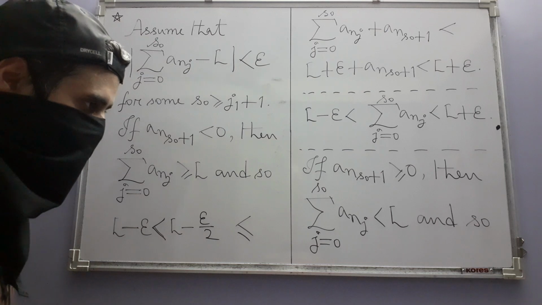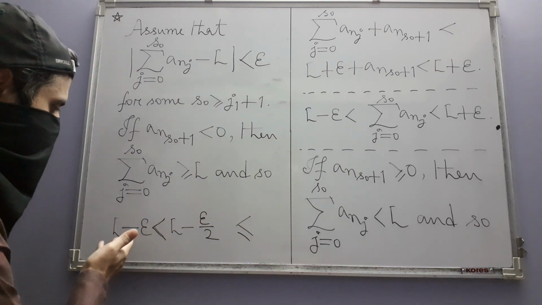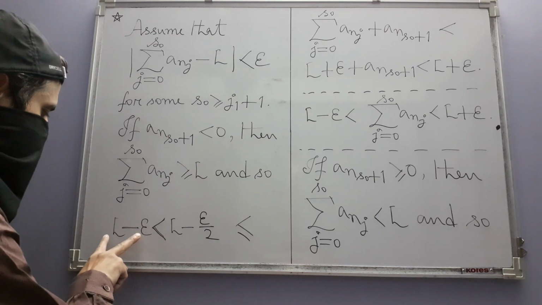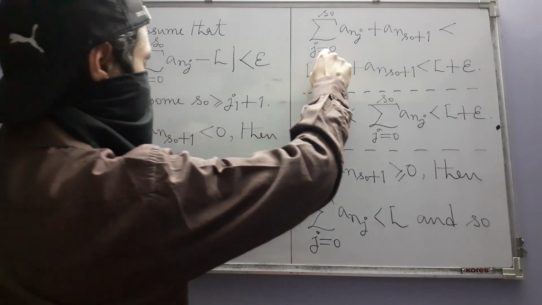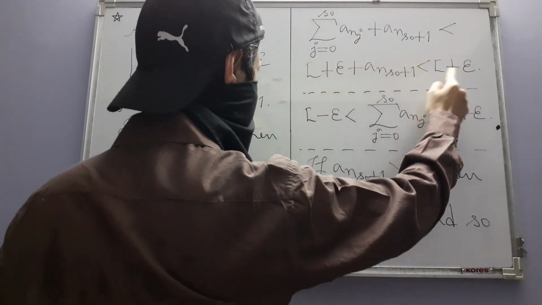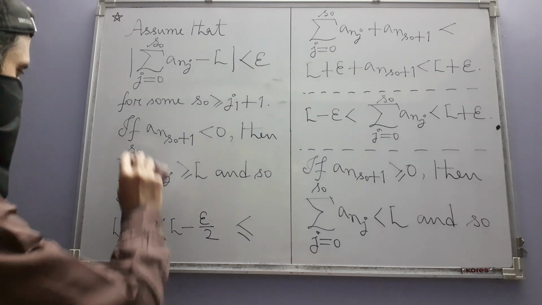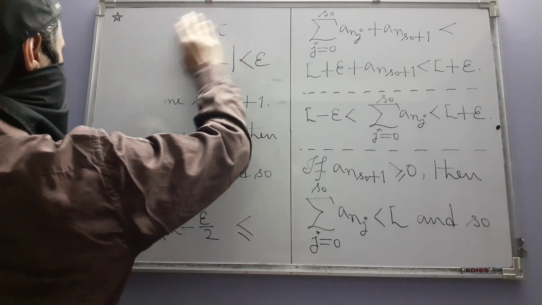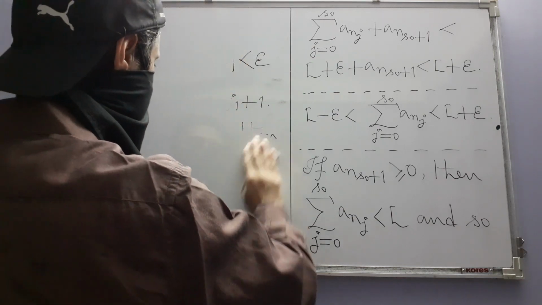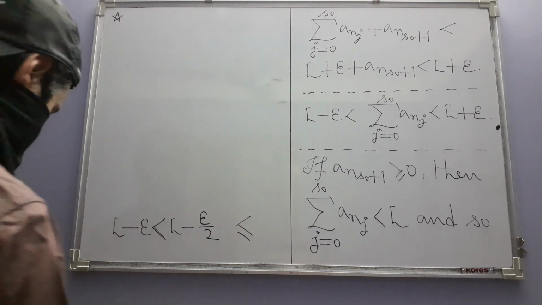Now before I erase this part completely, let us just see for a moment what it is that we have obtained. L minus epsilon is less than this, which is less than L plus epsilon. We should again get this in this case also. But how?